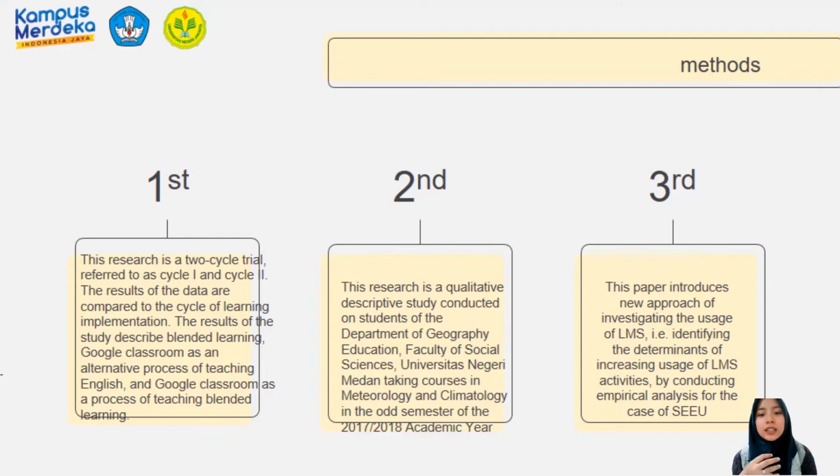And then the second article, the method is a qualitative descriptive study. This research is conducted on students of the Department of Geography Education, Faculty of Social Sciences in Universitas Negeri Medan.